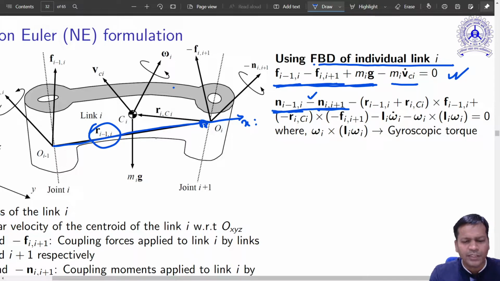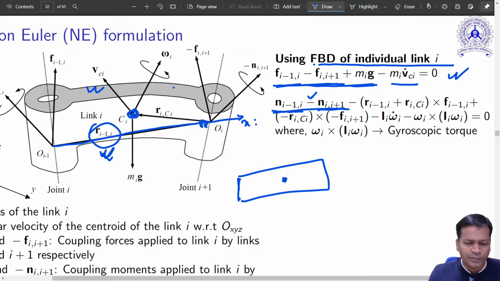So this vector can now be represented as R_{i-1,i}. And now that you also know the position and orientation of this link, if you have done forward kinematics, you basically know this vector very well. So if this is known, center of gravity location is also known. If a link geometry is known, you always know where is its center of gravity, right?